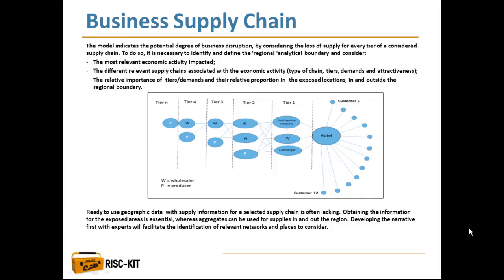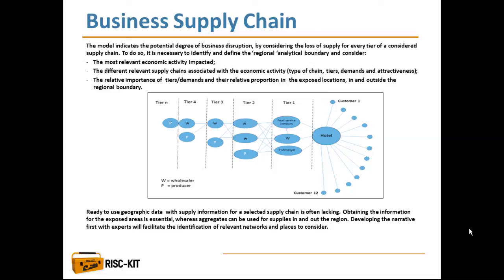For the business supply chain, the model indicates the potential degree of disruption of businesses by considering the loss of supply for every tier of a considered supply chain. To do so, you need to identify what is the most relevant economic activity impacted in your area and the supply chains that are associated with this economic activity. It is also important to understand the importance of these different tiers and their relative proportion in the exposed location.